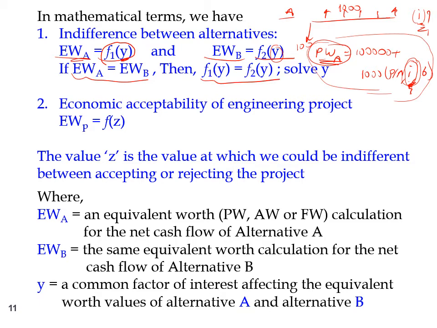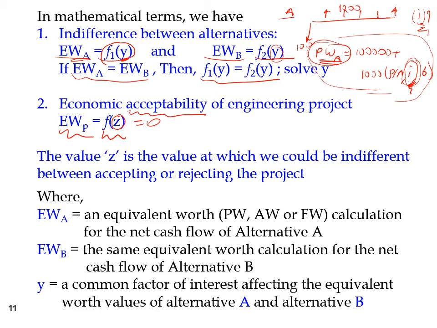If you have only a single project alternative, not two alternatives, and you want to understand whether it's acceptable or not, again you would do the same thing. Write the equivalent worth of this single project with respect to the factor that you want to identify and make it equal to 0. Okay? And when you make it equal to 0, you will find the value of z, so that this is the break-even point for that z.